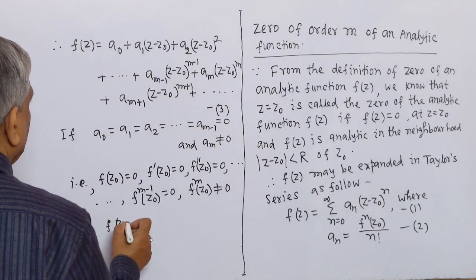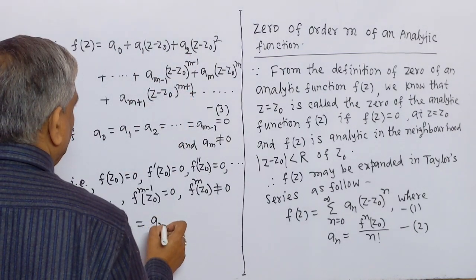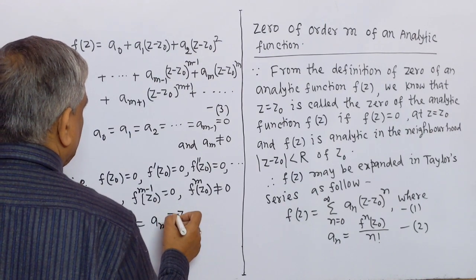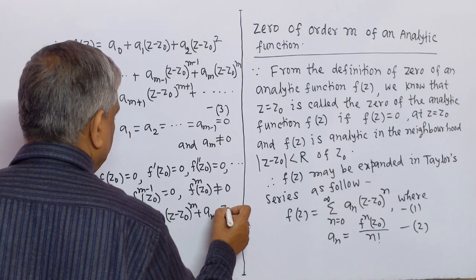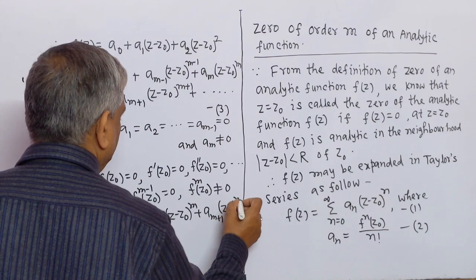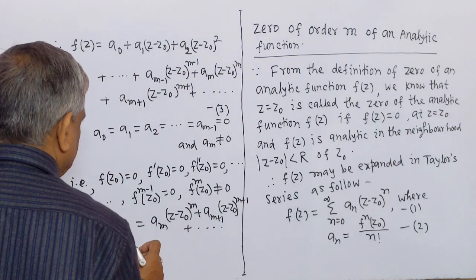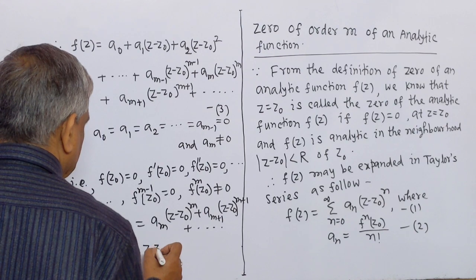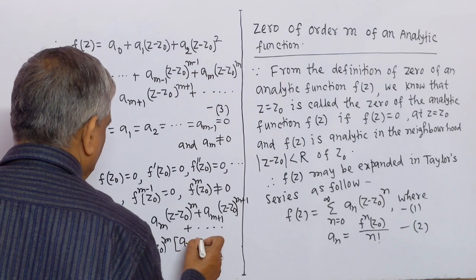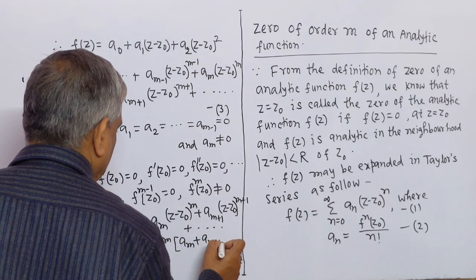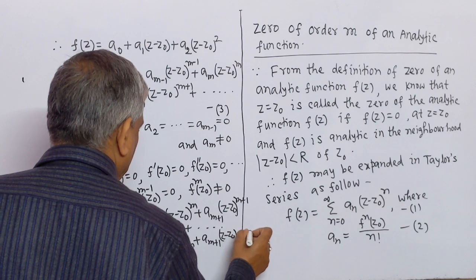f(z) equal to a m (z minus z naught) to the power m plus a m plus 1 (z minus z naught) to the power m plus 1 plus dot dot dot, and we may take (z minus z naught) whole to the power m common: (z minus z naught) whole to the power m times [a m plus a m plus 1 (z minus z naught) whole to the power 1 plus dot dot dot].